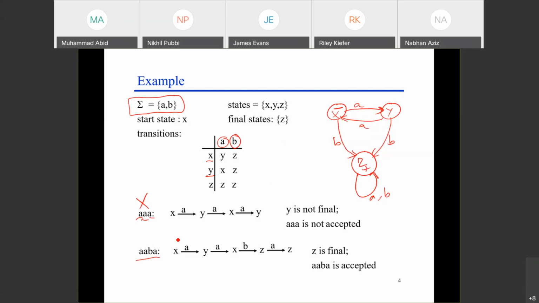Then you receive a, which is a self loop, and you finish here. You see that this is a final state. It means this is a good word. It belongs to this language, so it will be accepted by this FA.